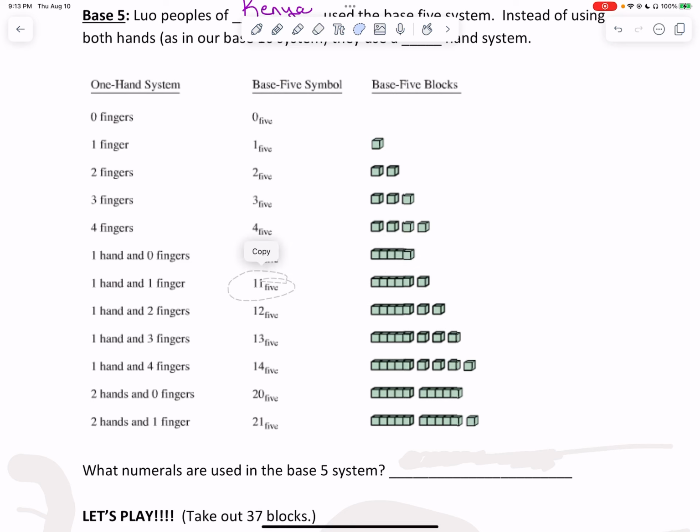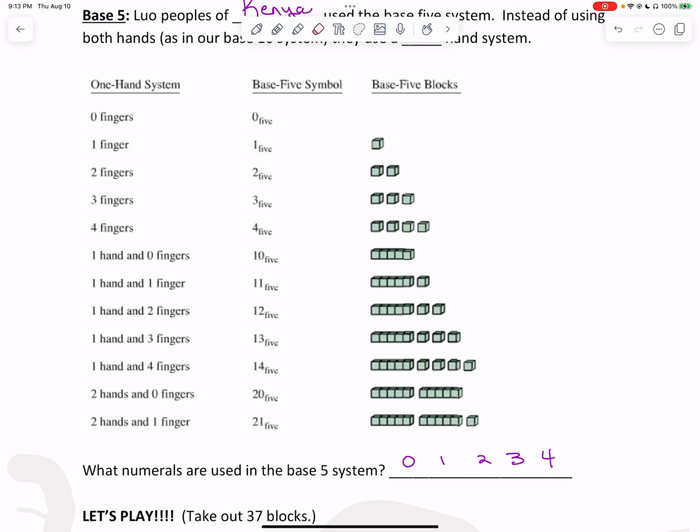Again, if this is confusing, I'm expecting it to be at first. I just want you to see these symbols. Notice they don't use all the symbols that base 10 uses. These are the only numbers you can use in base 5.